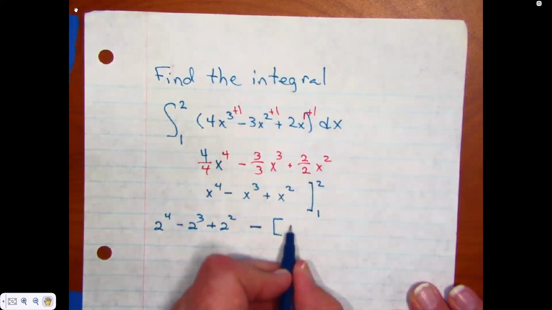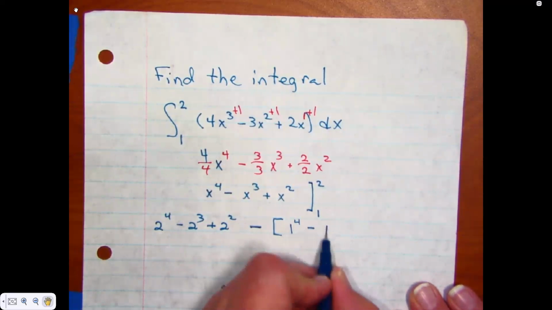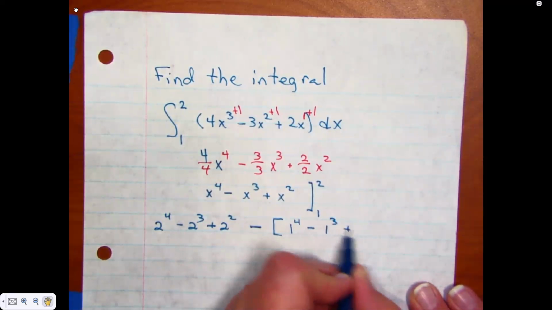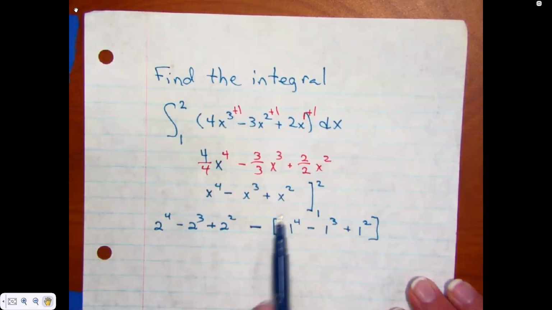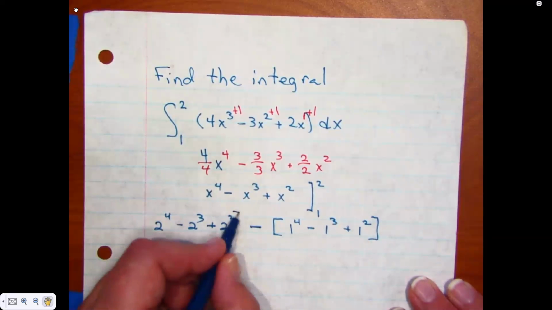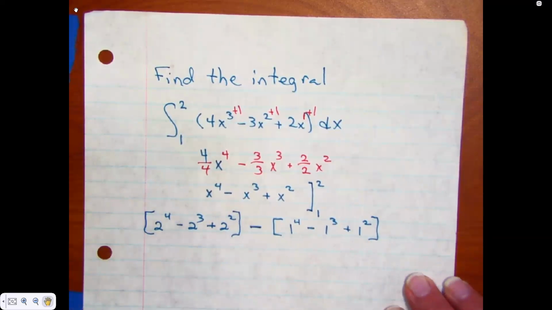And then we plug in 1 to the 4th minus 1 to the 3rd plus 1 squared. So this is my F of B, this is my F of A, and then subtract. Make sure that there are parentheses. You could even put parentheses around both. You need to do B, you need to do A, and then subtract.